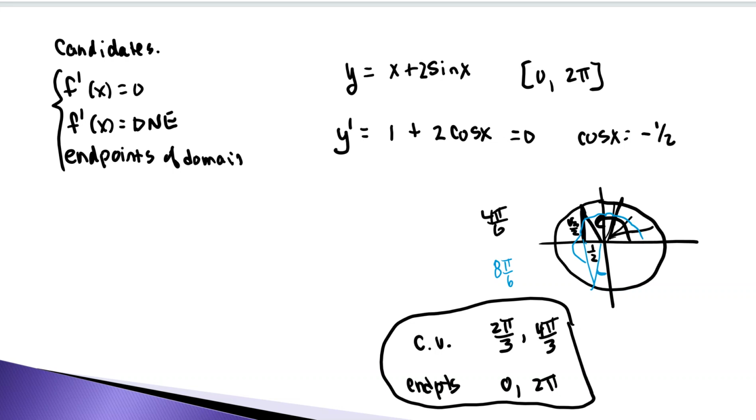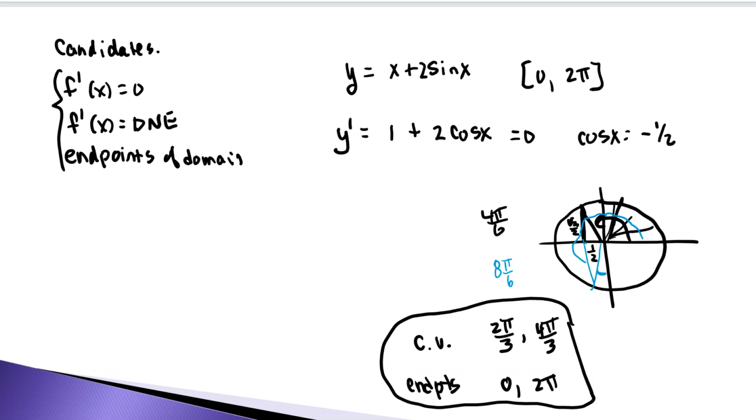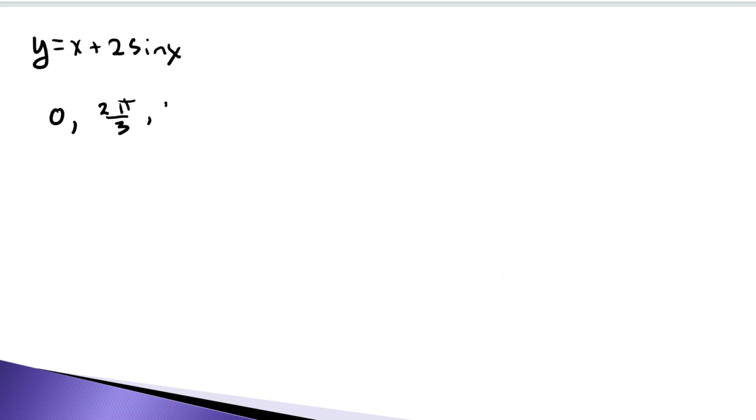Okay, let's go to the next slide where it's a little cleaner. 0, 2 pi over 3, might as well keep it simplified, and the other one was 4 pi over 3, and finally 2 pi. Those are my 4 possibilities.